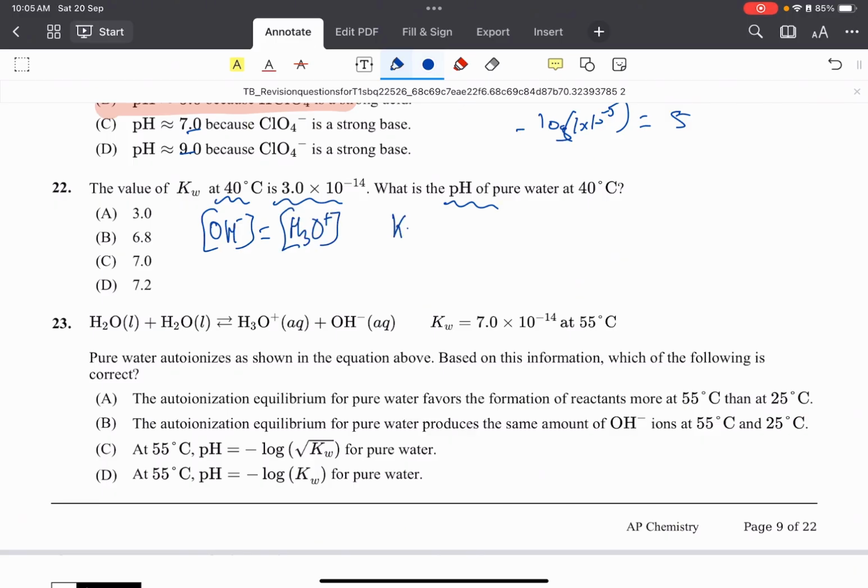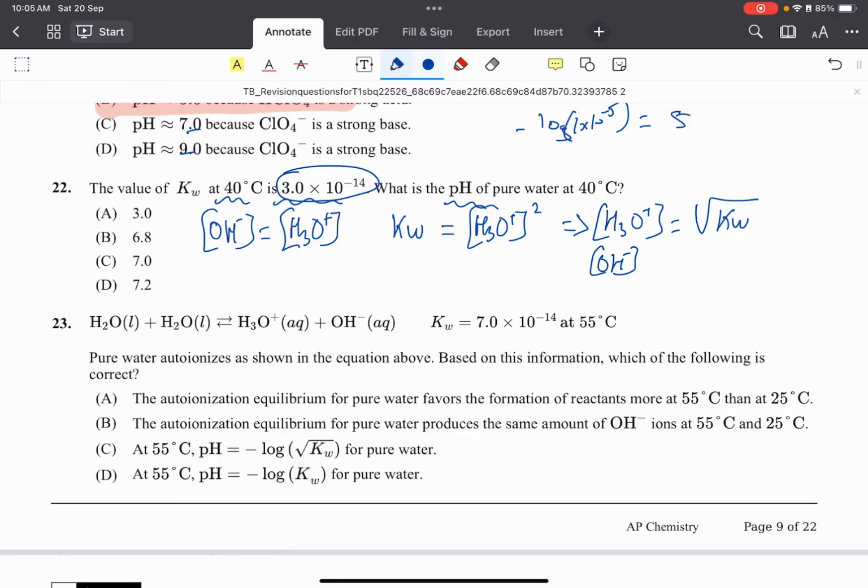So Kw is going to be H3O plus squared or OH minus squared. So the H3O plus, which is equal to the concentration of OH minus, is the square root of Kw. So square root of this value will give me H3O plus.